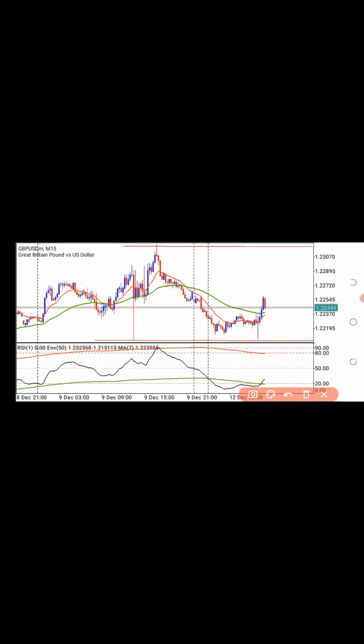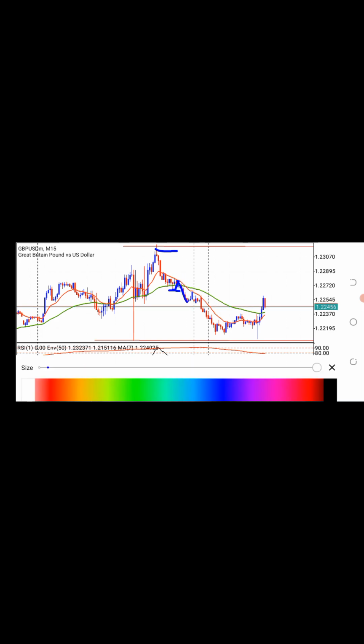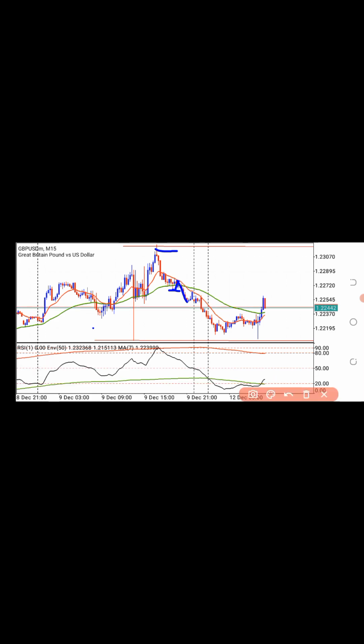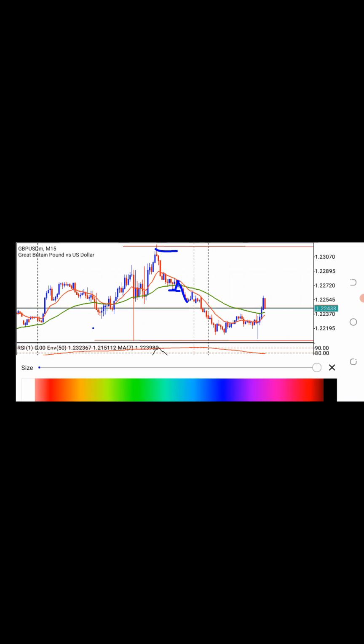So coming down to this, this is what I have on. This is my higher high, right? And this is my higher low, right? I have another higher high here, higher low. Let me reduce it small. Okay, let me use black.